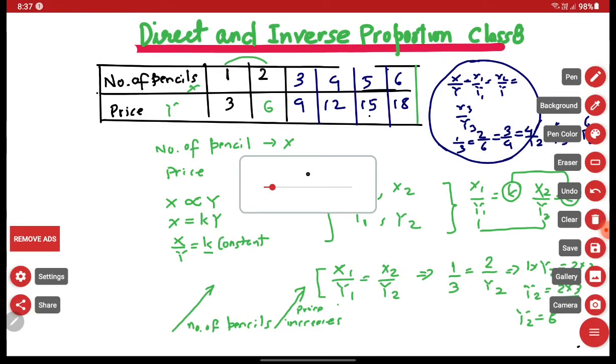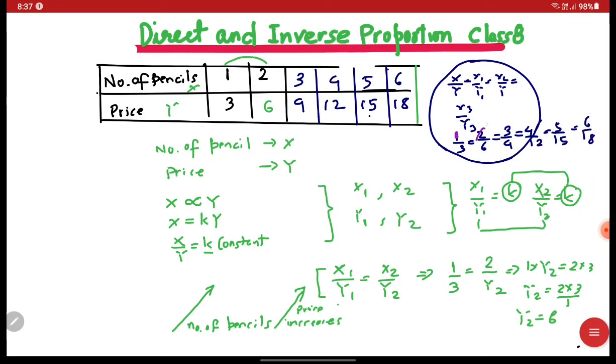Can we check? 1 by 3 is the first one. 2 3s are 6, so it also came to 1 by 3. 3 3s are 9, 4 3s are 12, 5 3s are 15, 6 3s are 18. So you can see throughout you have got the value 1 by 3, 1 by 3, 1 by 3, 1 by 3, 1 by 3.